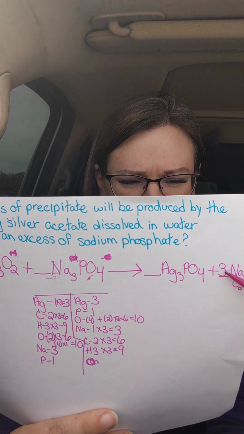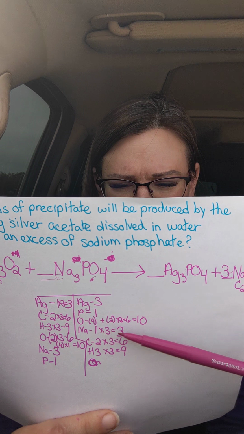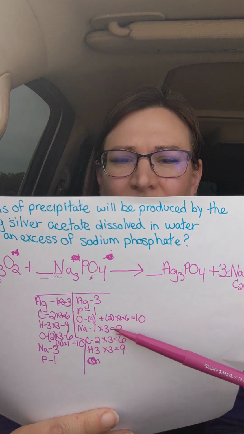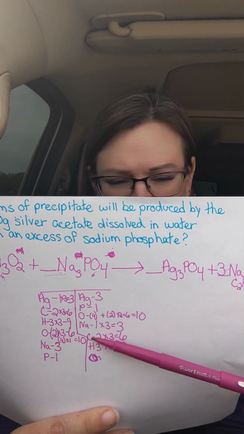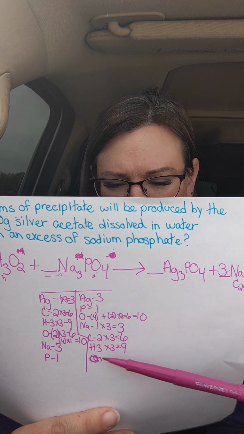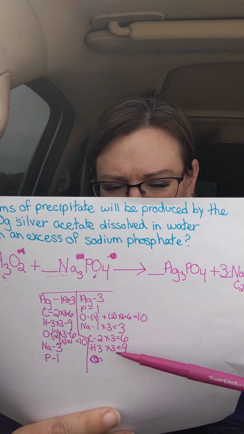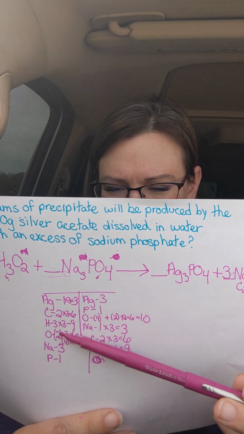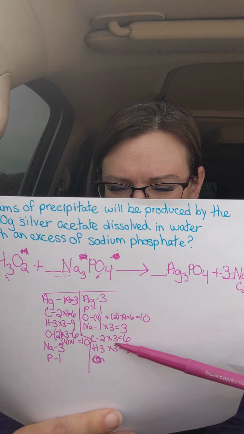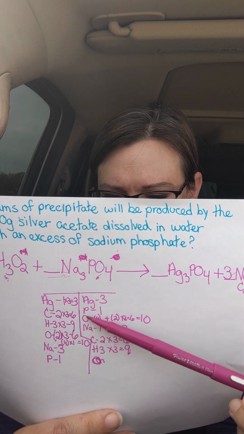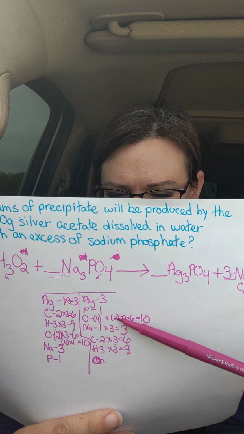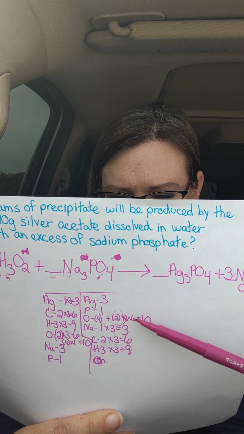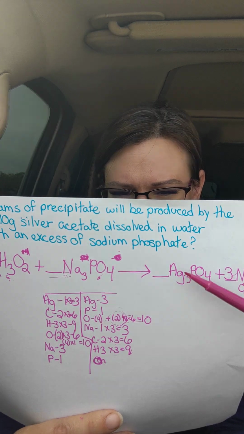So I just went ahead and put that 3 in the front and went ahead and multiplied as I put all the elements down. So there was 1 sodium, multiplied it by 3. There was 2 carbons, so I multiplied that by 3. There was 3 hydrogens, I multiplied that by 3, and then I got 9, which match up over here. 9 hydrogens, 6 carbons, and then oxygen, we already had it up here. Make sure that we're just multiplying it by the 2 in that compound. 2 times 3, we get 6 for a total of 10 for this side.